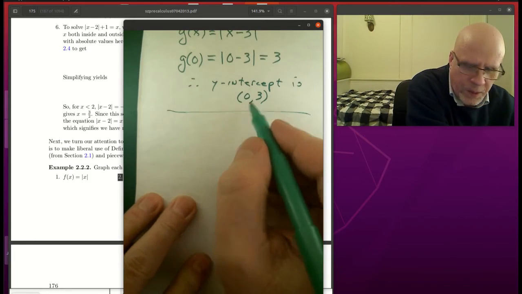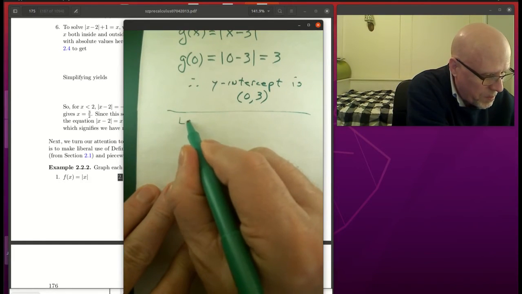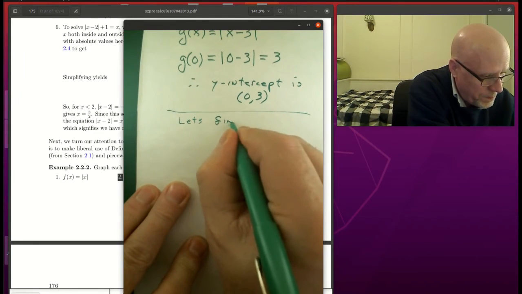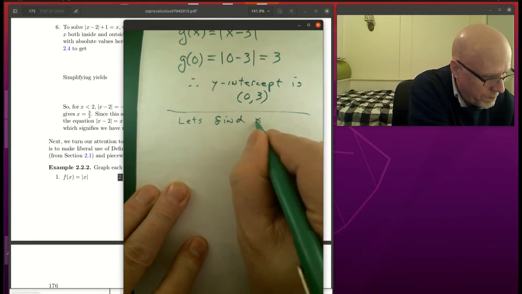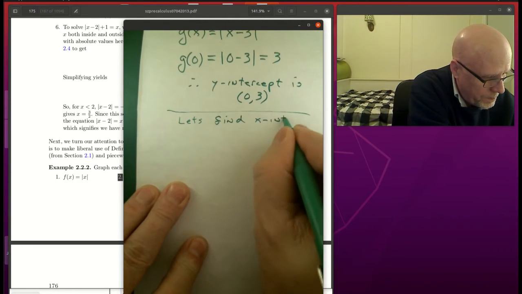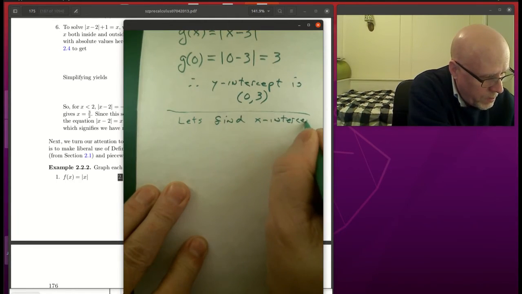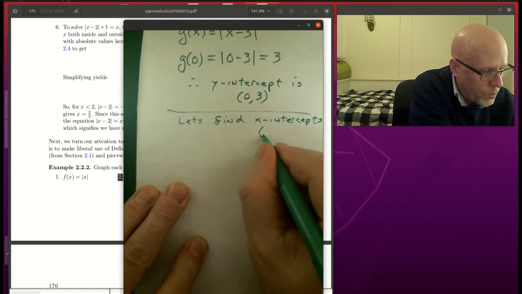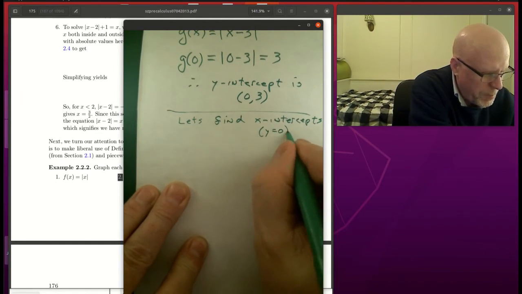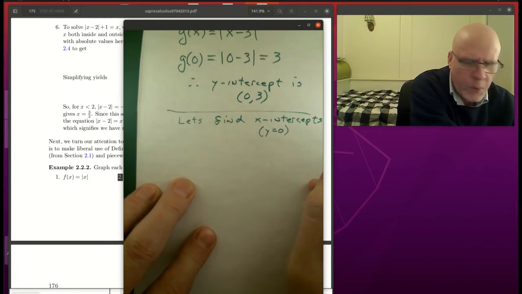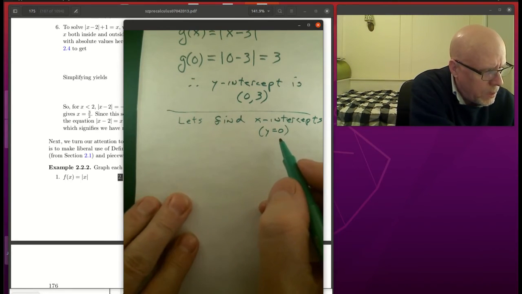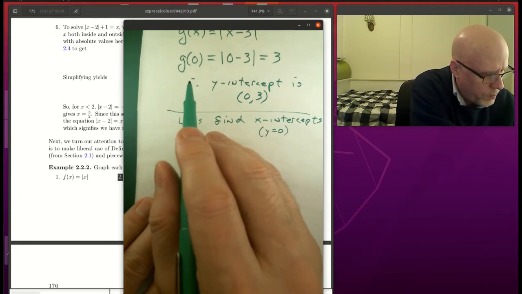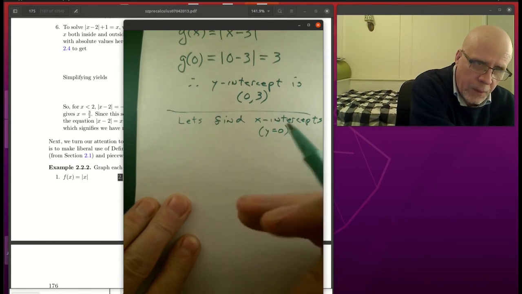I just did find the y-intercept. There might be more than one x-intercept. What does that mean to do? If you're talking about the x-intercepts, that's where y is equal to 0. Maybe that's why I sometimes confuse the two of them mentally. So that means that our function will be equal to 0 at those x values.